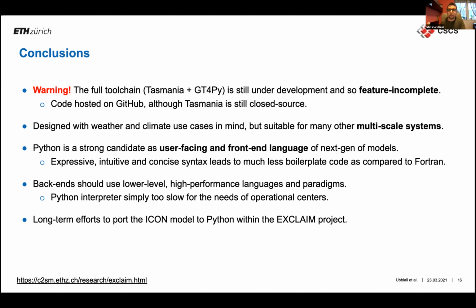But on the other hand, Python is too slow for computing, and so we should delegate low-level computation to some high-performance languages and paradigms. And finally, I would like to mention the Exclaim project, which within the next year will port the ICON model to Python, so somehow following this research path.